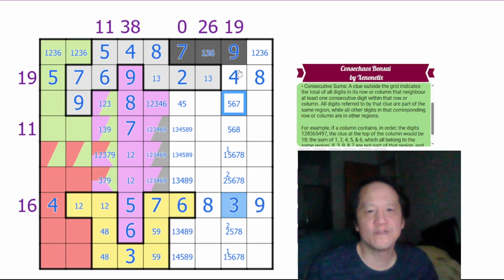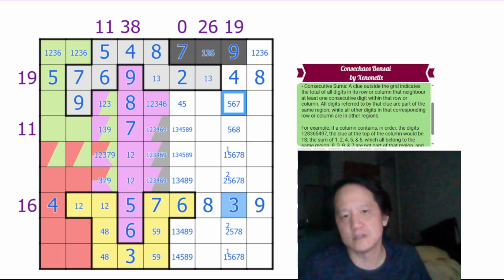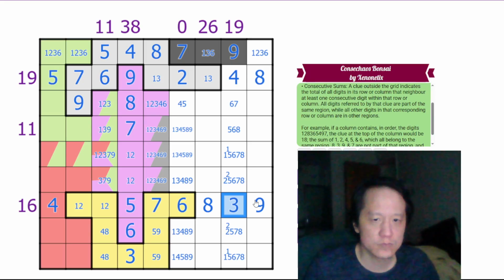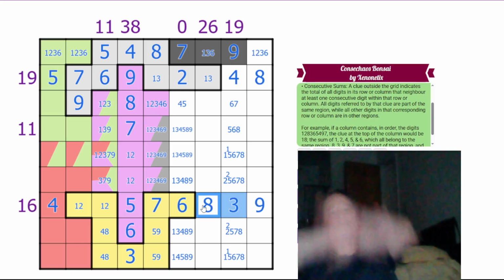This cannot be 5 because it would be consecutive with the 6, with the 4, and therefore would be part of the same region as the blue, which is not allowed. This is 8.